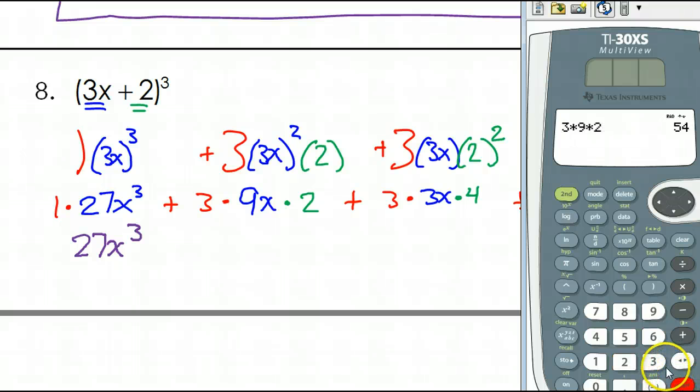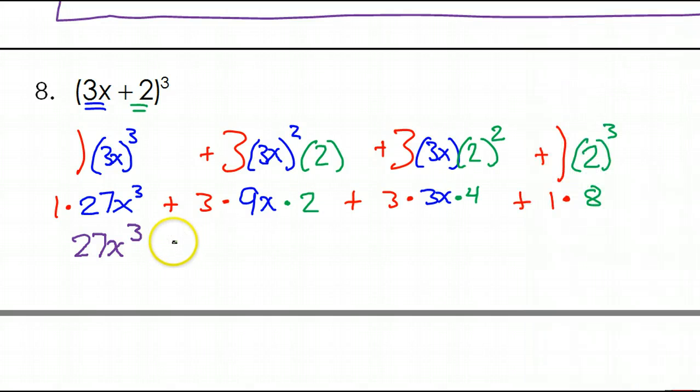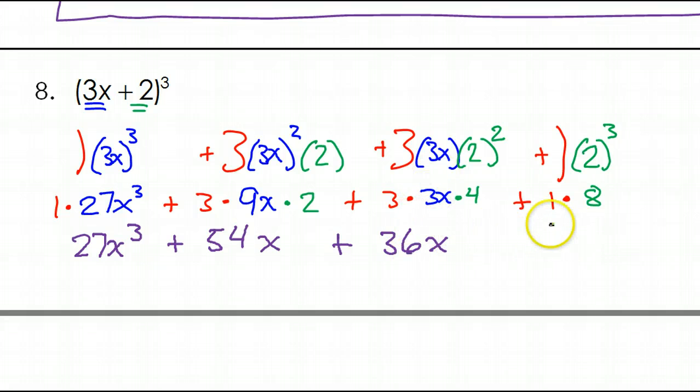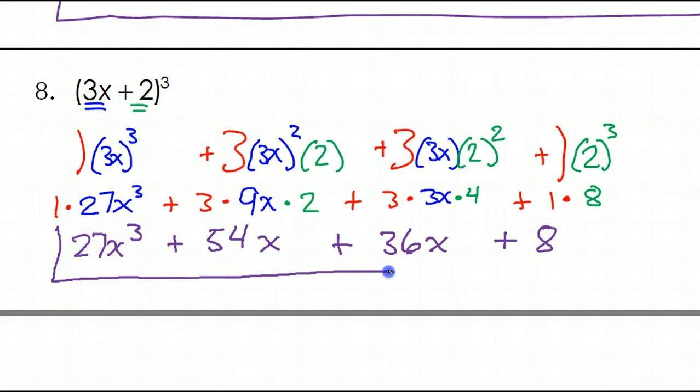Okay? So I get 54x squared. All right? And over here, I've got 3 times 3 times 4. 3 times 3 is 9. 9 times 4 is 36. So I'm going to have 36x. And then here I've just got 1 times 8 is 8. So this will be my final answer.